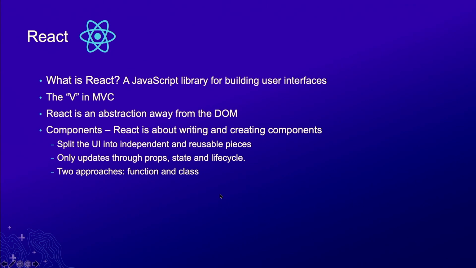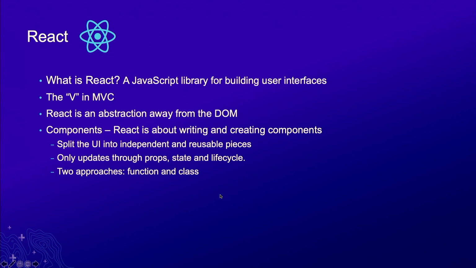abstraction from the DOM. And when you're developing widgets, just think of a widget as basically a React component. That's all it is. It's about writing and creating components. It splits the UI into independent and reusable pieces, and it only updates when it needs to, providing simple semantics such as props, state, and lifecycle.